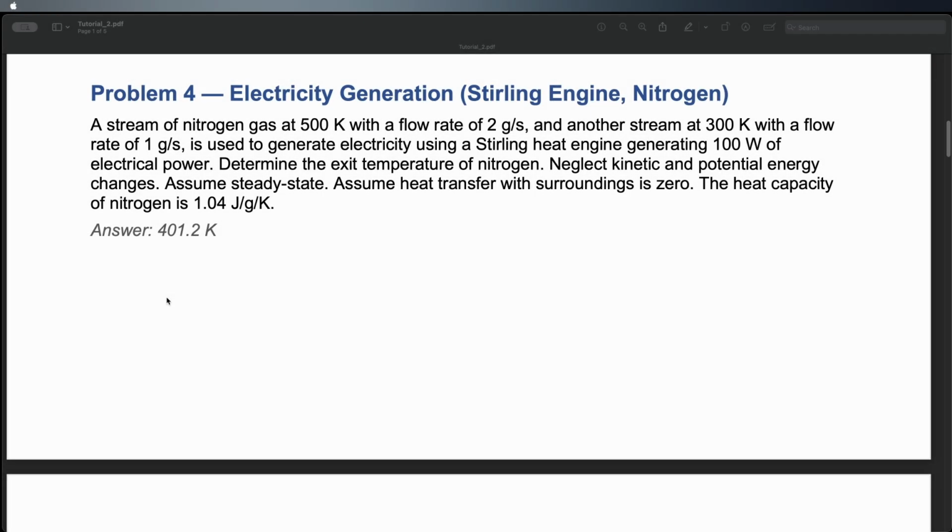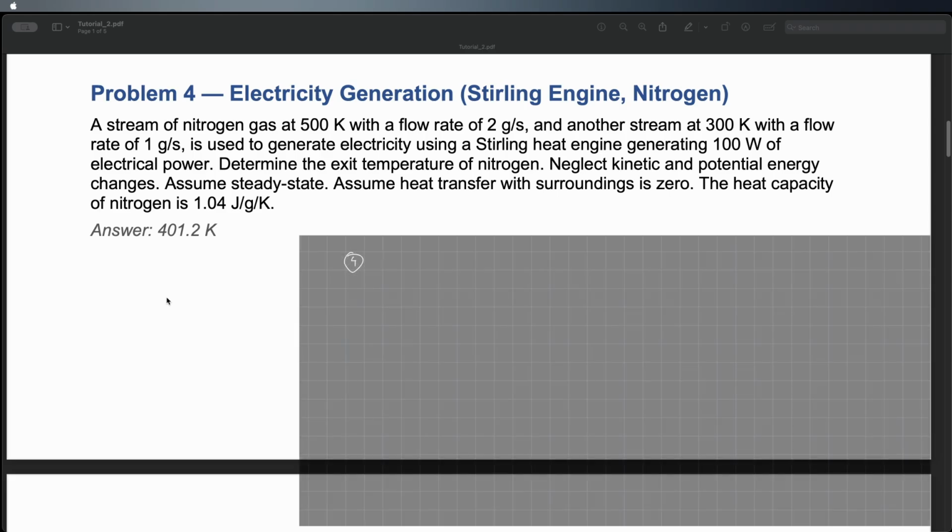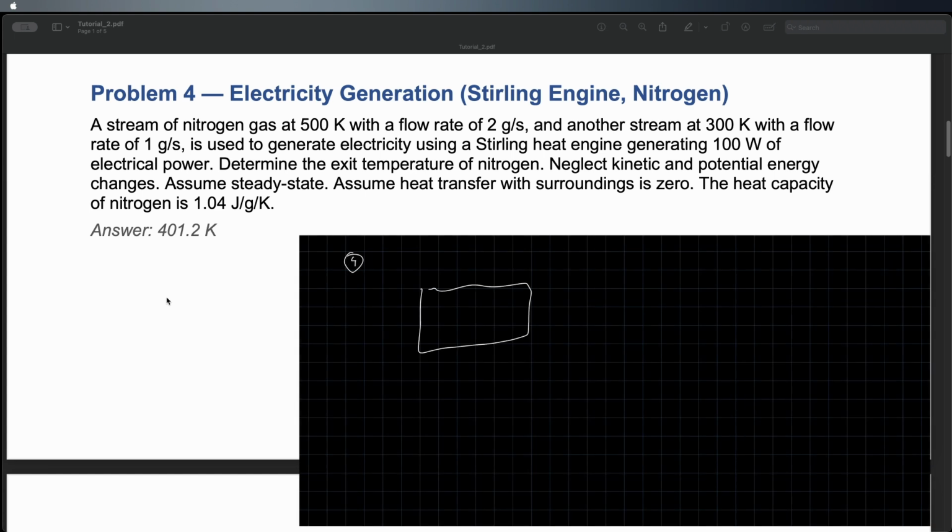Next, electricity generation in a Stirling engine using hydrogen. Okay, so I'm gonna use a box to represent our engine here. I don't feel like drawing an actual engine, so let's just go with this. So we've got a stream of nitrogen coming in at 500 Kelvin with a flow of 2 grams per second.